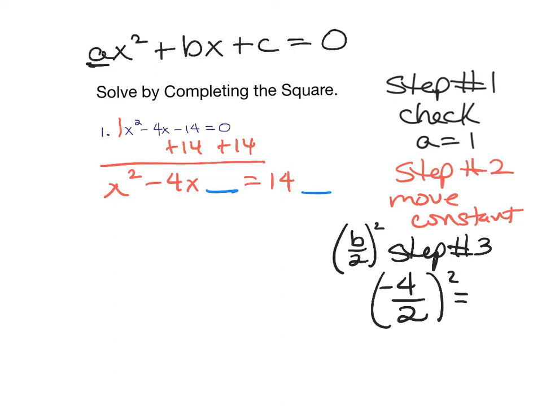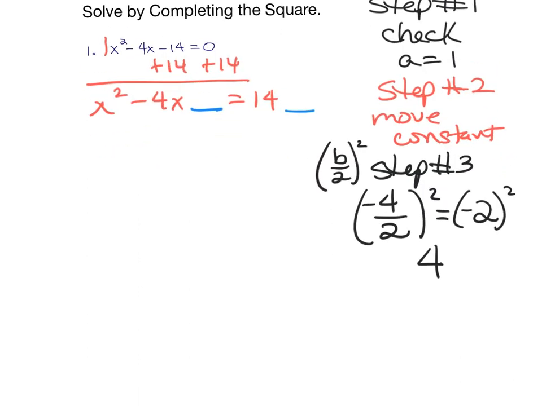I divide it by 2 and I get -2 squared, and I get 4. This is going to be the number that I will add to both sides. It's always going to be adding, because even if I square a negative number like I just did, it always turns positive. So in that blank space, I'm going to put the number that I just found by taking the b term, dividing it by 2, and squaring it.